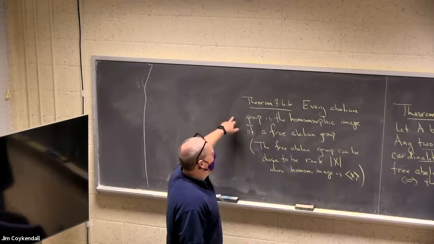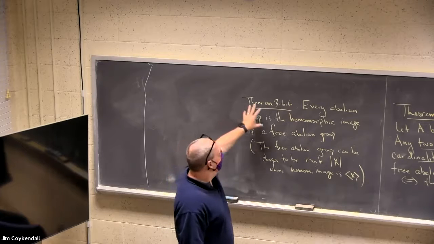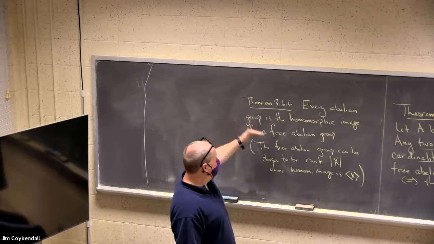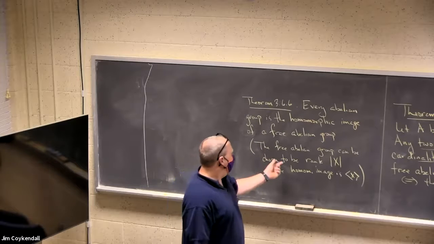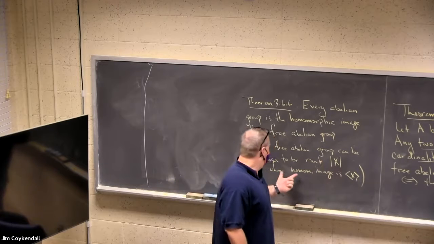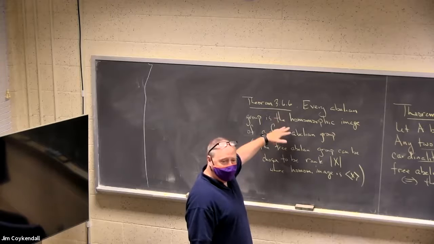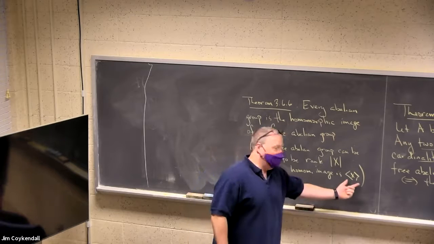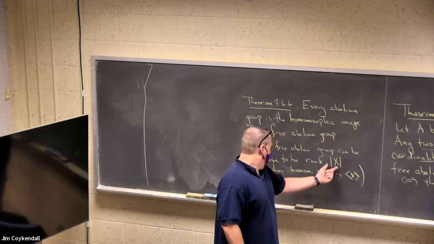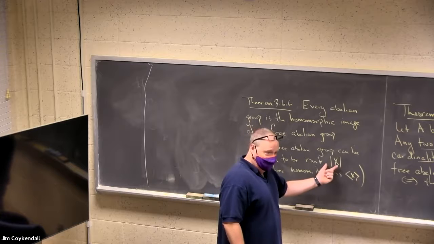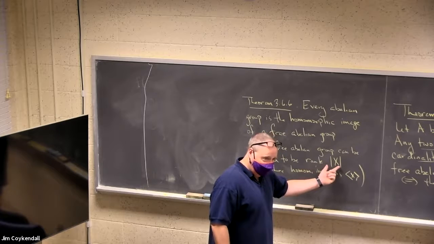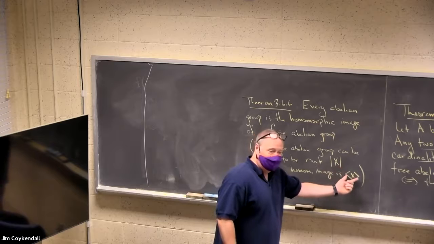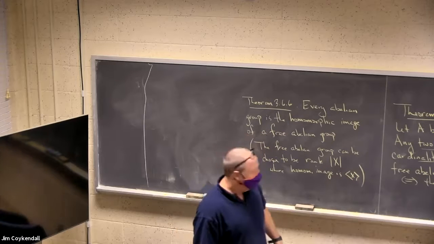Okay, so if I walk up to you on the street and give you any Abelian group, it's the homomorphic image of some free Abelian group. And if the group is generated by some set X, then the free Abelian group can be taken to be of rank, and by rank I mean the cardinality of the basis of the free Abelian group, the same as the size of the generating set.